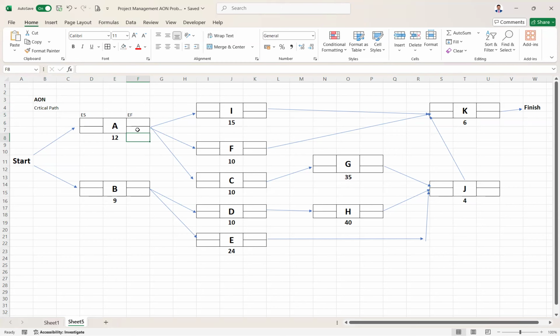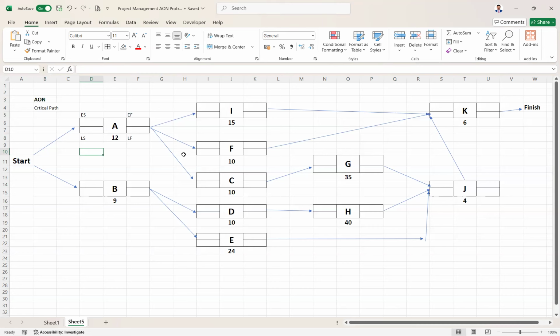The value just above it is the late finish, and this is the late start. These are just the terminologies. Early values are the ones that come when we are going in the forward direction. When they come from the backward direction, the values are the late values.